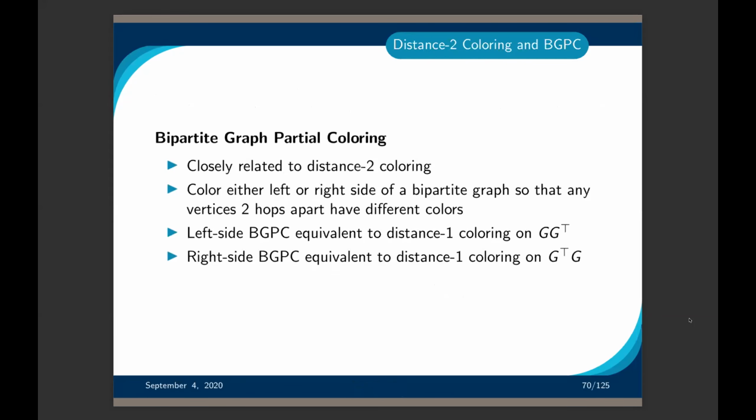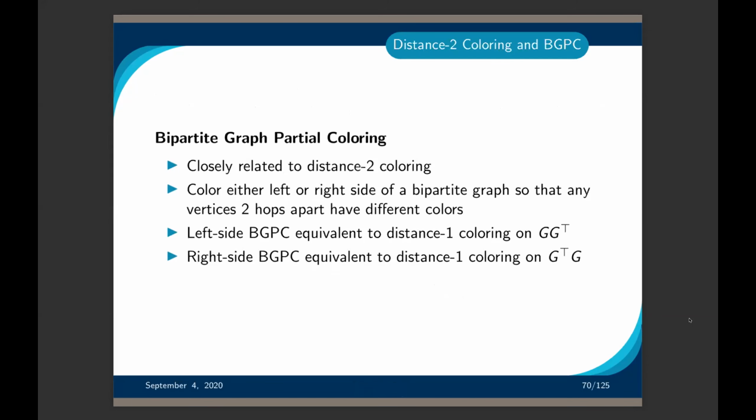We also support a closely related variant of distance 2 coloring called bipartite graph partial coloring. What this does is look at a bipartite graph and color one side of it, either the left or the right, so that vertices 2 hops apart have different colors.